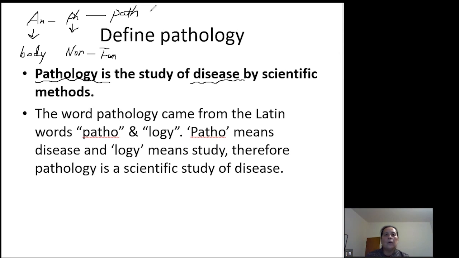Now when we go to pathology class, we are talking about abnormal conditions. An abnormal condition truly is the illness. When we talk about illness, we are not talking too much about clinical things, like the symptoms and how to treat it.